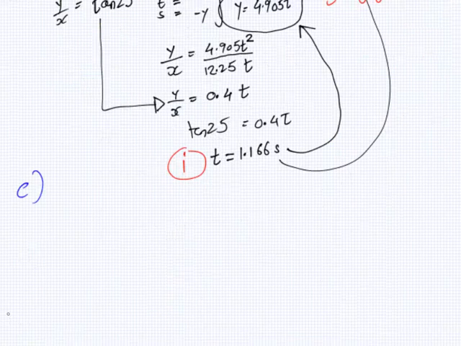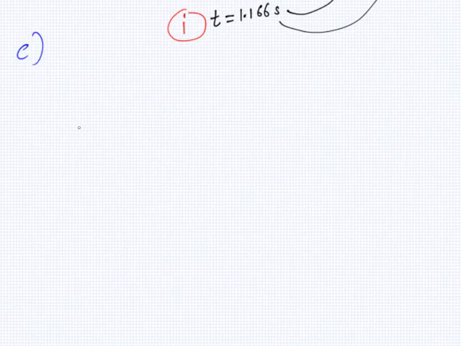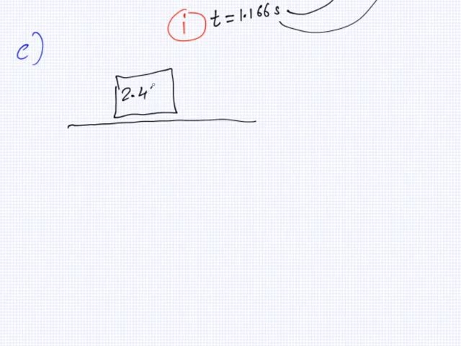Okay. The last part here, C, you have a horizontal table, a mass here, 2.45. There's a force here of 150 newtons, and the time is 0.2 seconds.